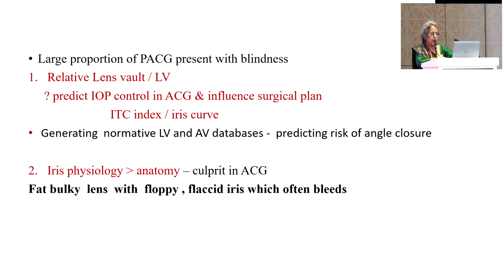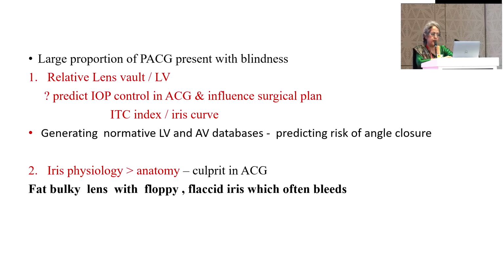So what do we end with? We have a large proportion of angle closure glaucoma patients in Asia. Relative lens vault needs to be looked at more, and this can predict the IOP control. We need to start looking at the volcano configuration and start planning lens correction along with the trabeculectomy. We need to generate normative lens vault databases, and iris is important not only in the anatomy; the physiology of iris is different.